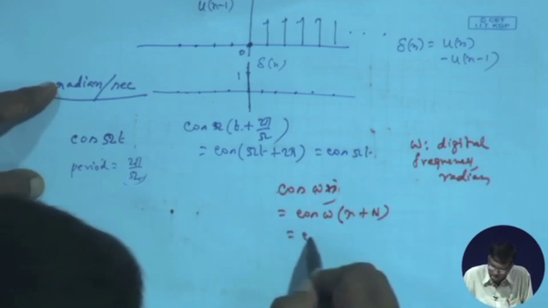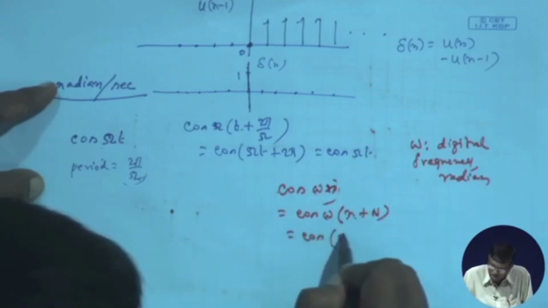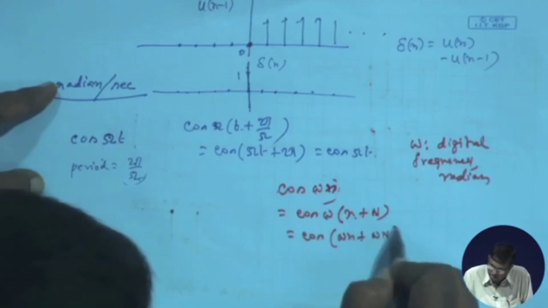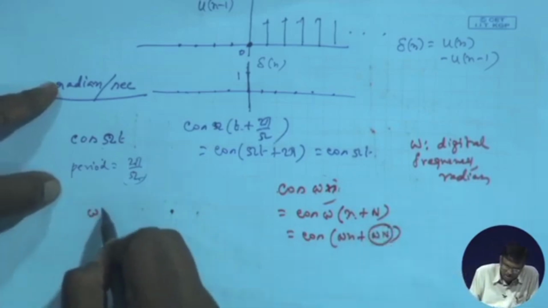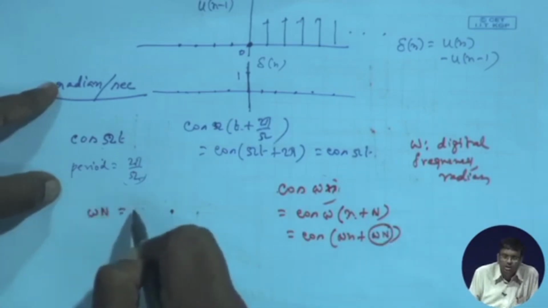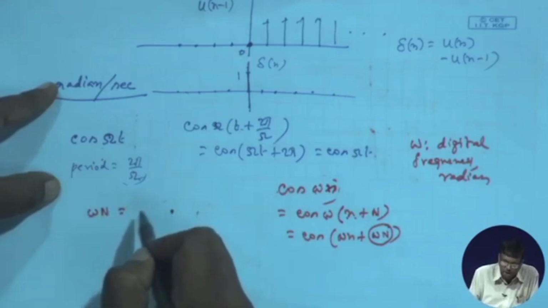That means, cosine, this we write omega small n plus omega capital N. So, this is possible only if this is either 2 pi or 4 pi or 6 pi, like that.